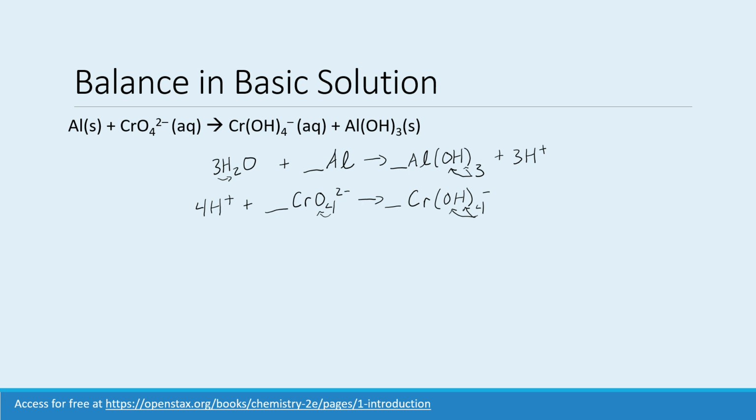Okay, looking at the charges for that first reaction, there's no charge on the reactant side, and there's only a 3+ on the product side. So 0 versus 3+, of course 3+ is bigger, and so we're going to add 3 electrons on that product side.